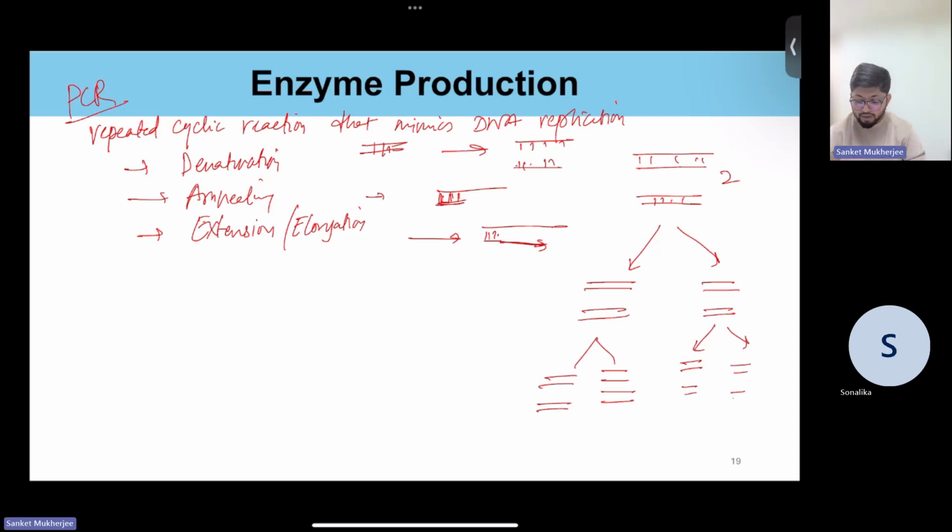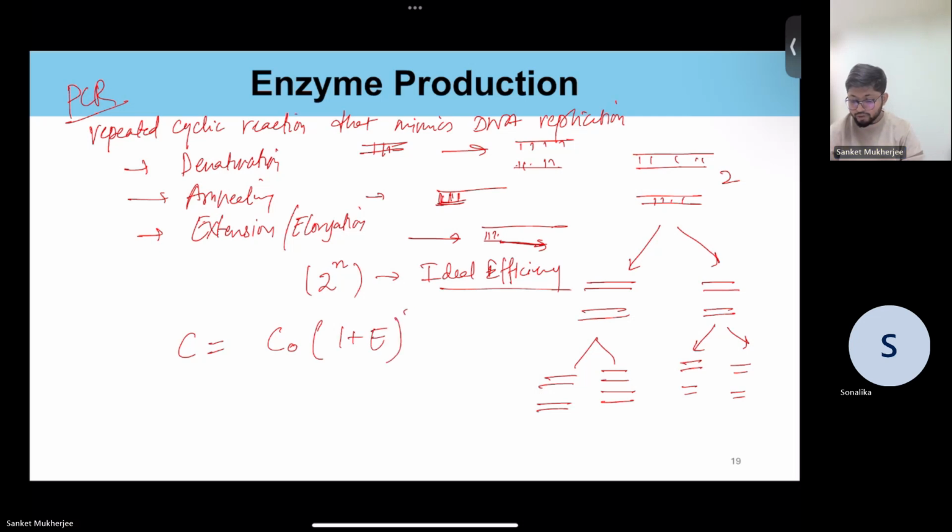So basically, after each step, the number of PCR products formed is 2 to the power n. But this is considering that there is ideal efficiency, which is not the case in PCR. So to find out the amount of DNA, the formula is C equals C naught (1 plus E) to the power n.